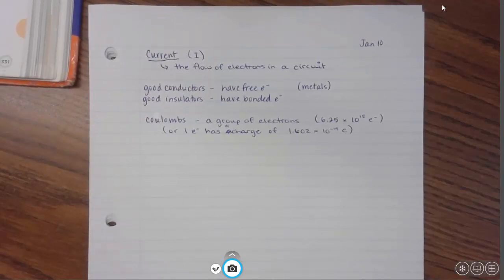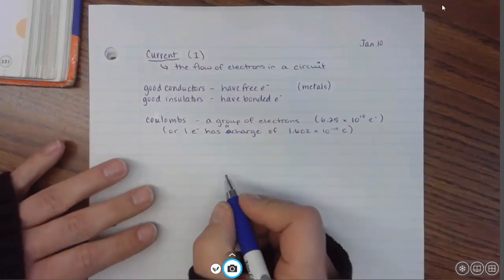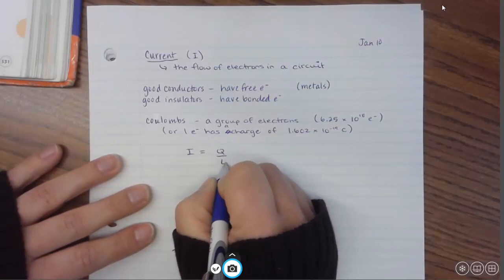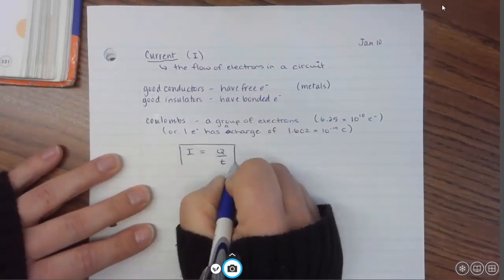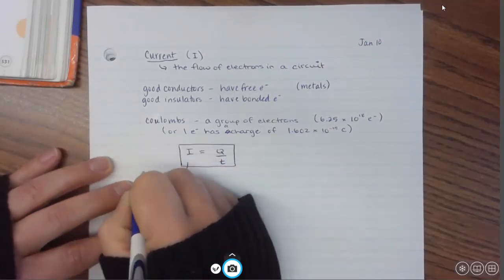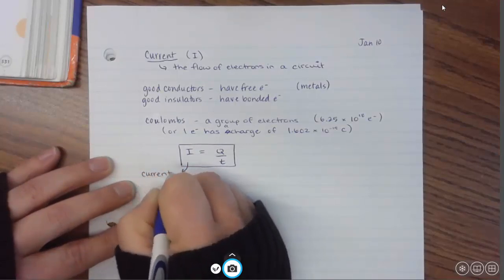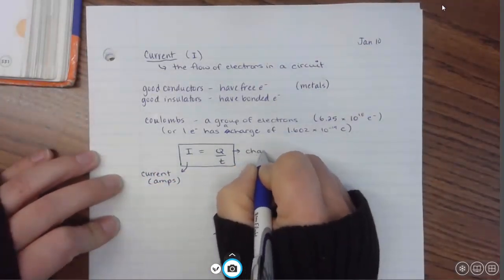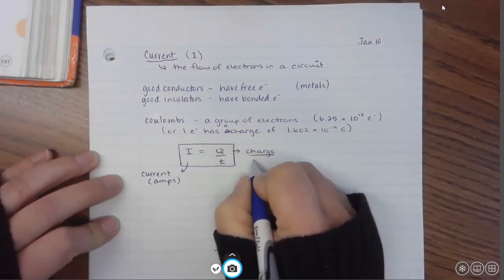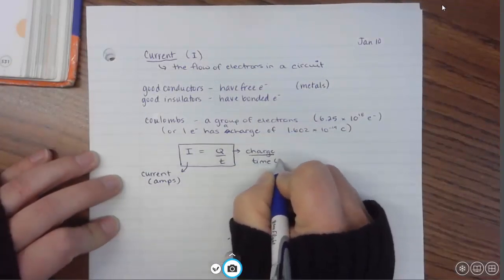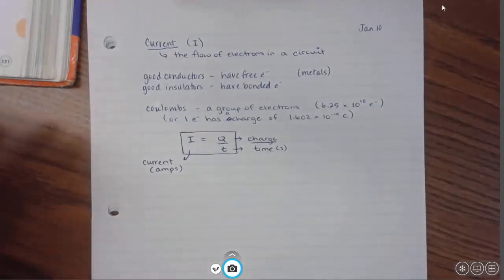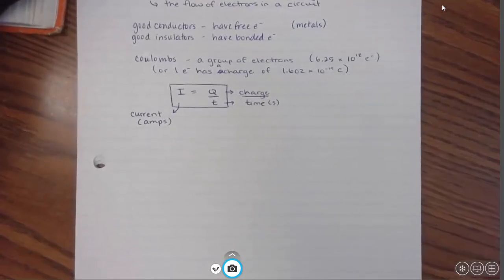So the flow of the charge in the conductors is called current. And current is measured by doing Q over T. Current, which is measured in amps, named for Andre Ampere, is the amount of charge per time in seconds. We want time in seconds again, and that's normal. All through physics we've been doing our time in seconds.